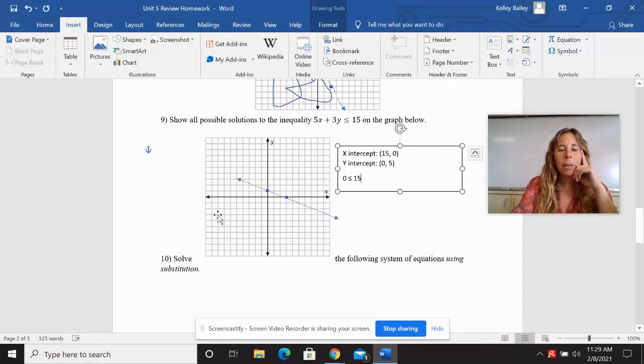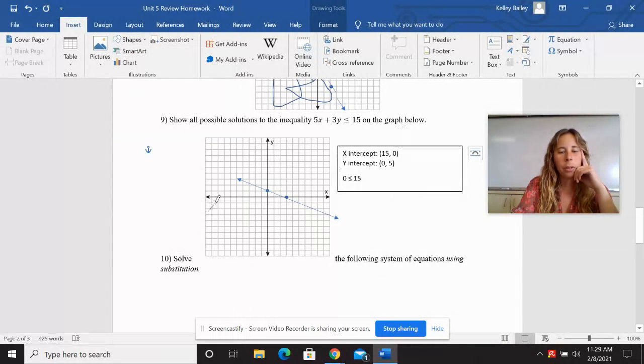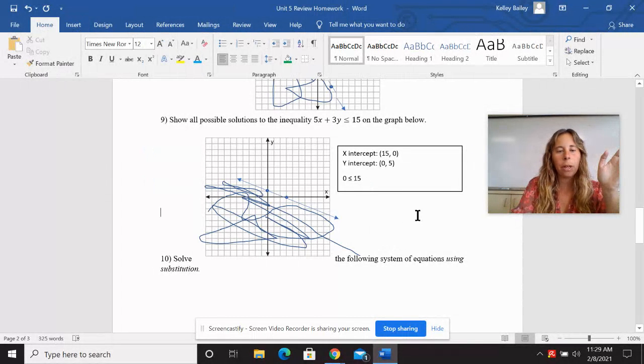Yeah. So that means you're going to shade on this side of the line, the side that has 0, 0. Insert shapes, scribbly line. So you're shading all over here. Okay. So that would be how you leave your answer for number 9.